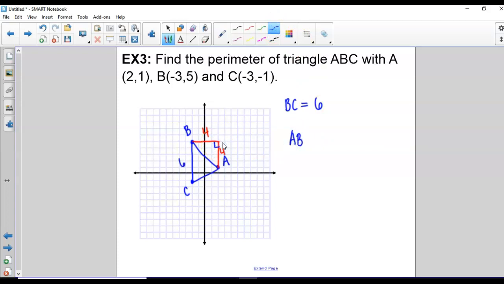Your right angle is here. So I would do 4 squared plus 4 squared equals that distance squared. So that's 16 plus 16. And 16 plus 16 is 32.